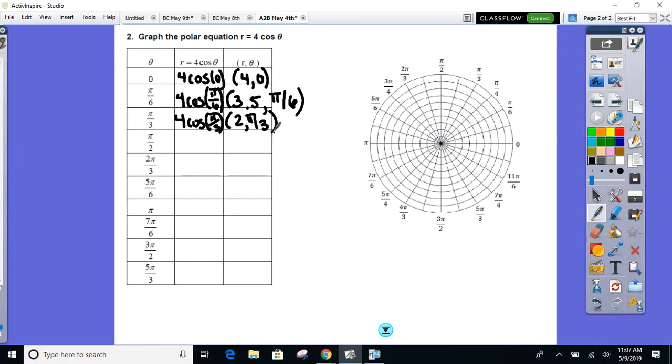All right, go ahead. See if you can keep doing it on your own, round to the nearest tenth if necessary. And then we'll talk about graphing them. And hopefully you start seeing a little repetition.